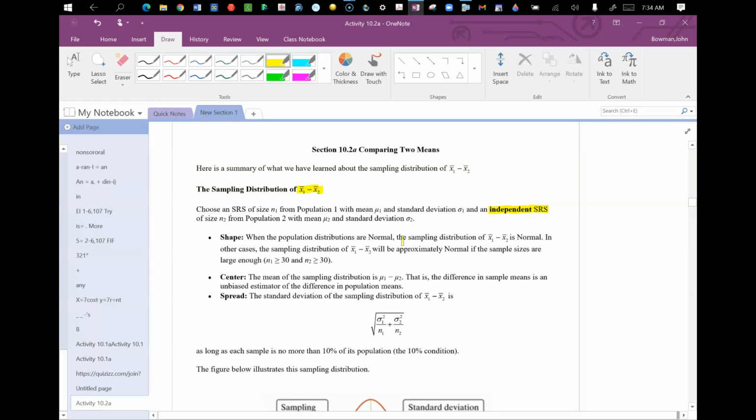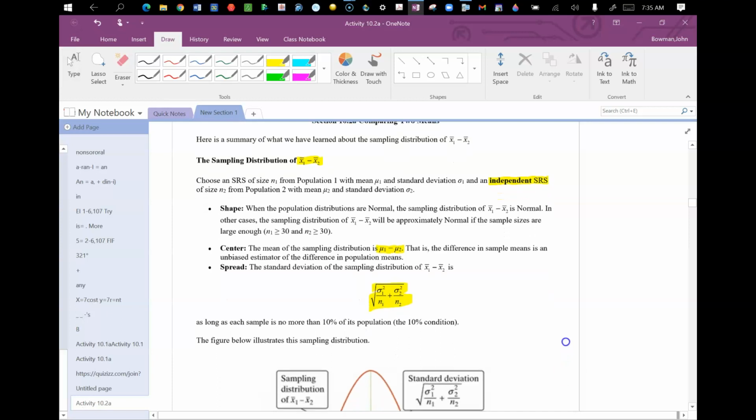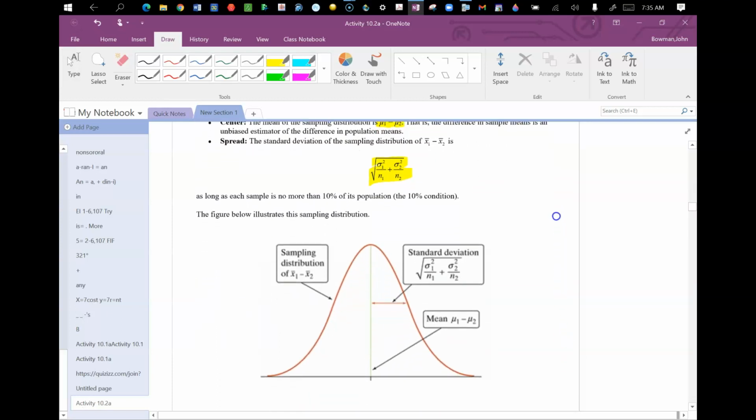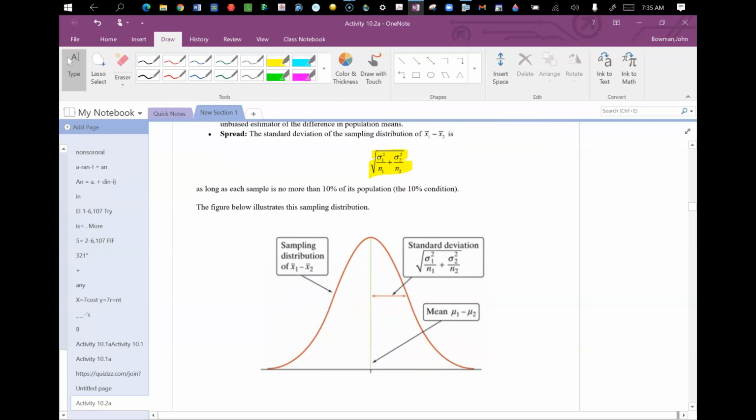We can invoke the central limit theorem for each of the individual sampling distributions, and therefore the shape of the difference of the sample means sampling distribution would also be normal. The center will be equal to the difference of the population means, and the standard deviation would be given by this formula right here. So we have a normal distribution that looks like this.